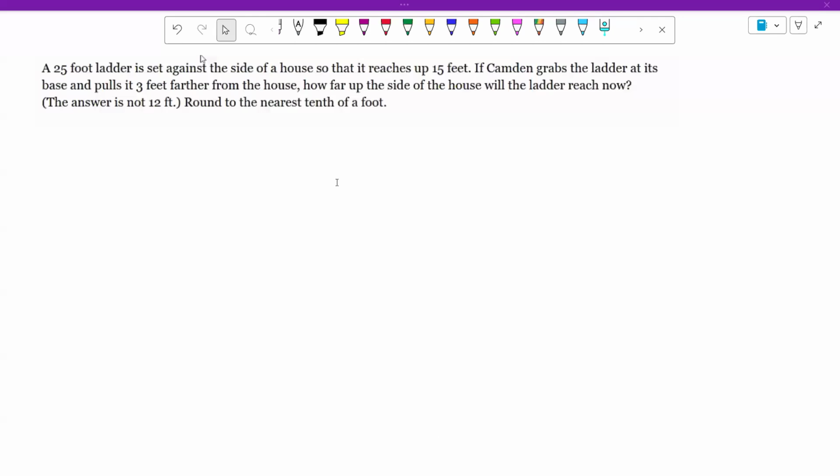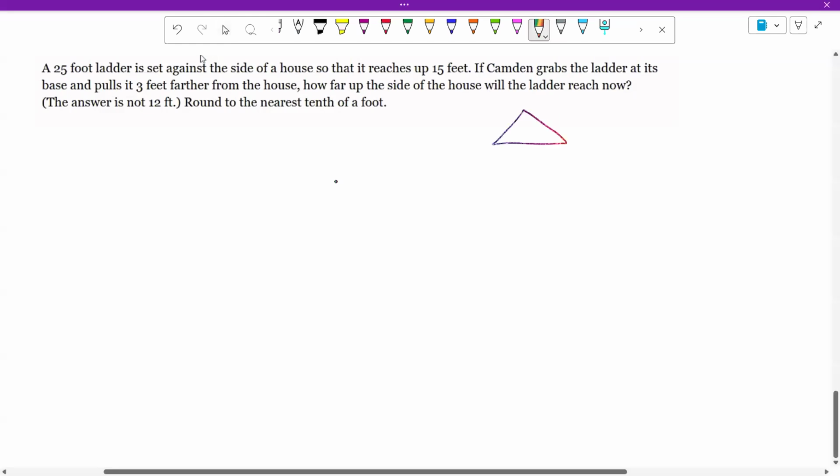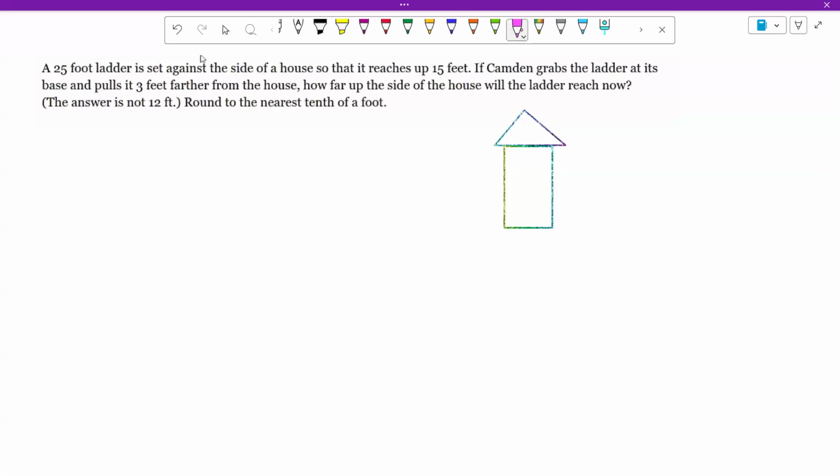A 25-foot ladder is set against the side of a house so that it reaches up to 15 feet. Okay, so I'm just making a shape for the house. It doesn't look like it, but just to imitate, let us consider this is just a house.